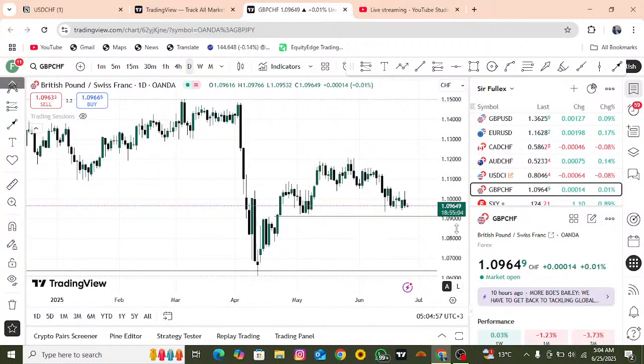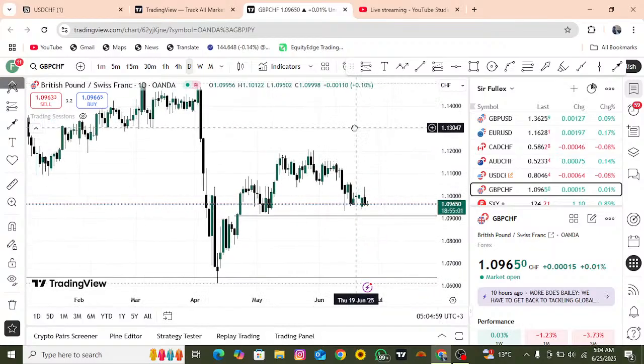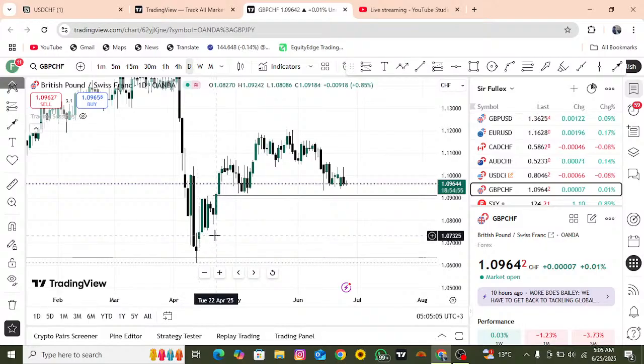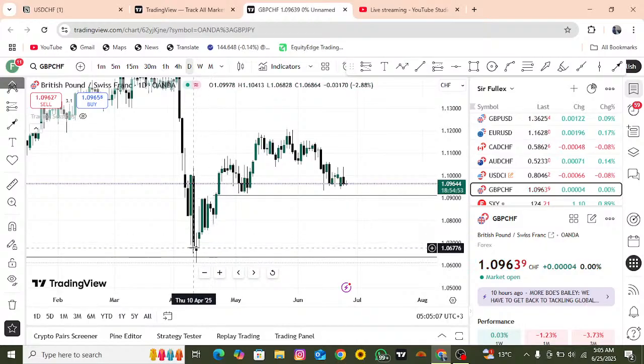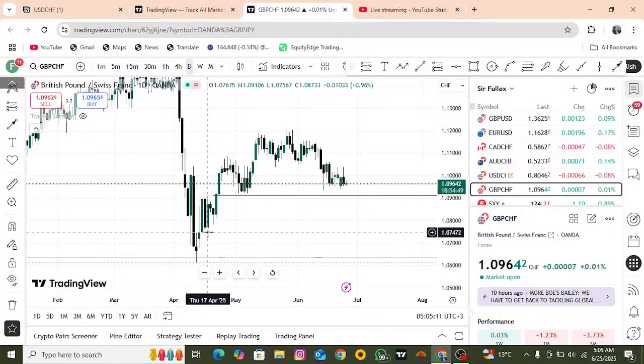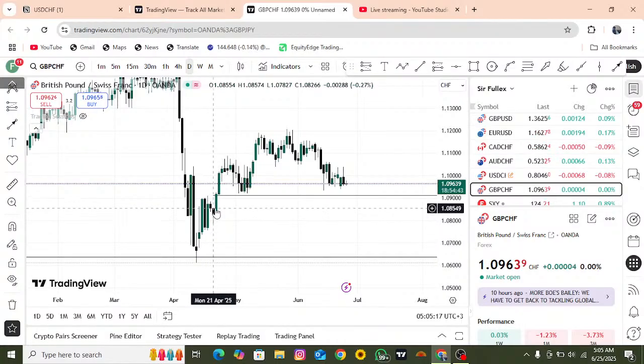In the daily time frame, I'd like to focus on this move going upward. This is the last candlestick here. Price went above this level but came to tap on it, right? Tap on it, this one here.